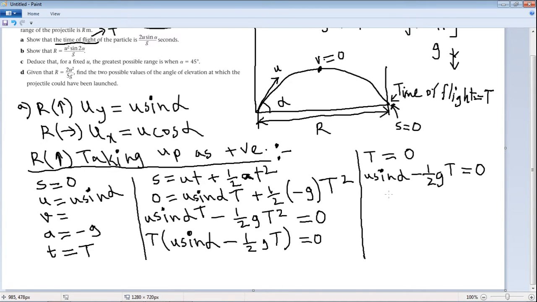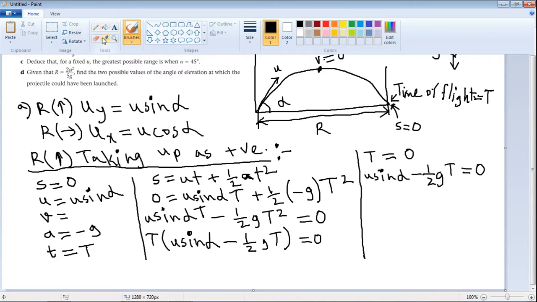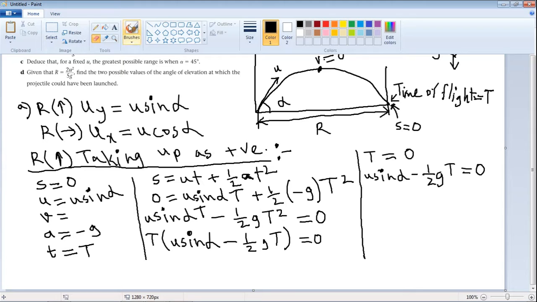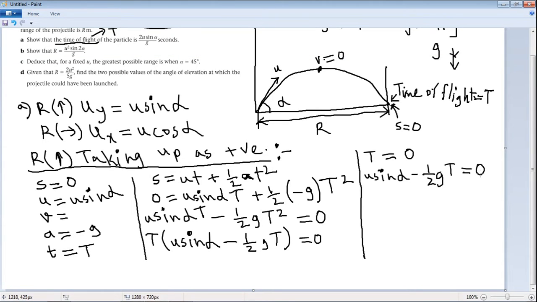Remember, this term is negative. So let us shift this part to the other side, then we will get half g t is equal to u sin alpha.